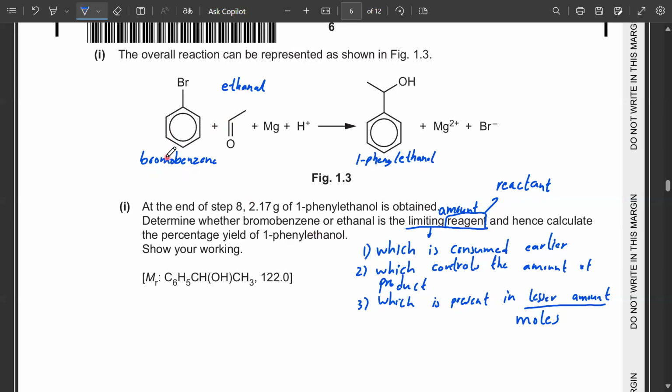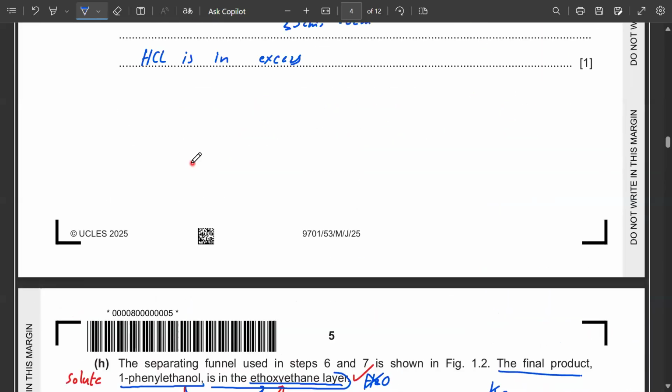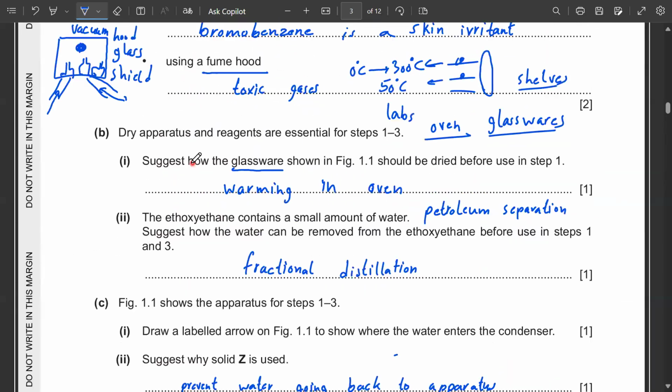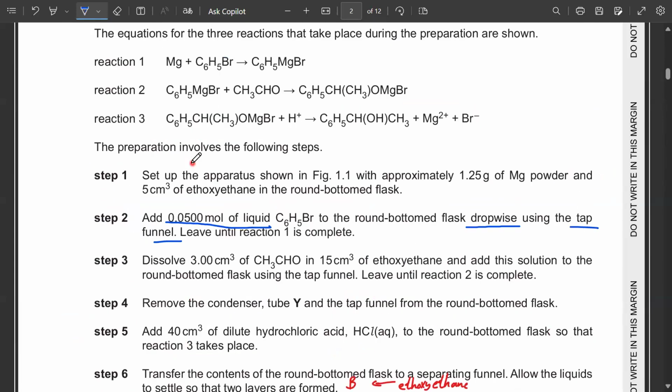So the moles of the bromobenzene, do we know that or do we need to find that? We do know this, they gave us. Yeah, 0.05.